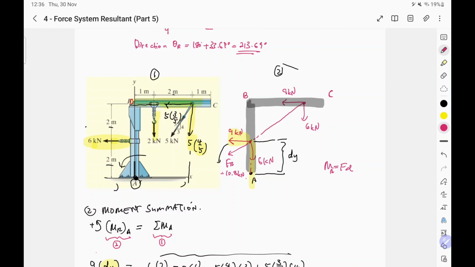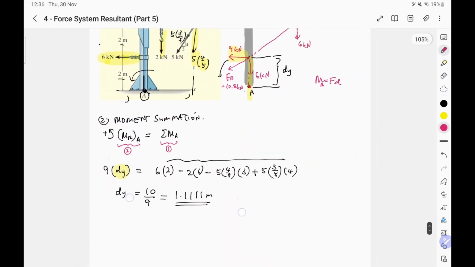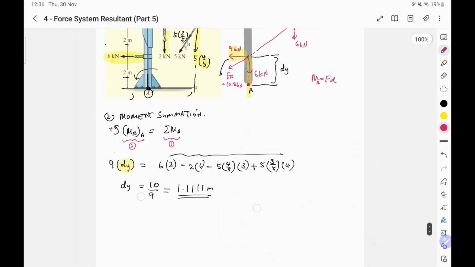So let's say I still use reference point A. I still use the rotation point, the reference point of the rotation, to be at point A. Okay, so repeat the same concept. For the third part, we still use moment summation, but in reference to point A.